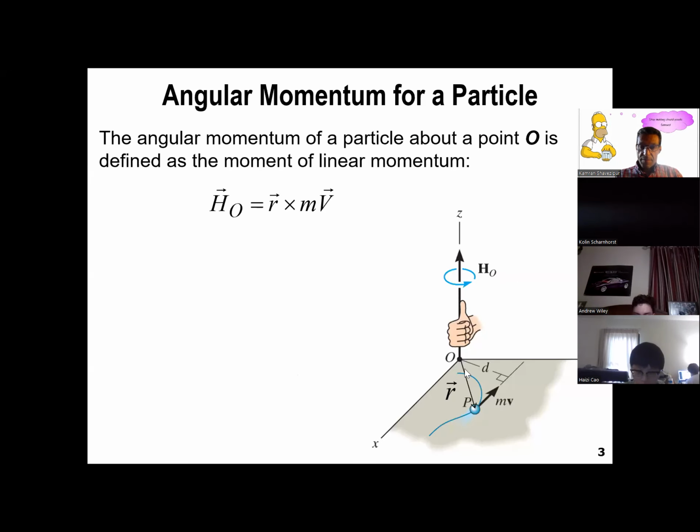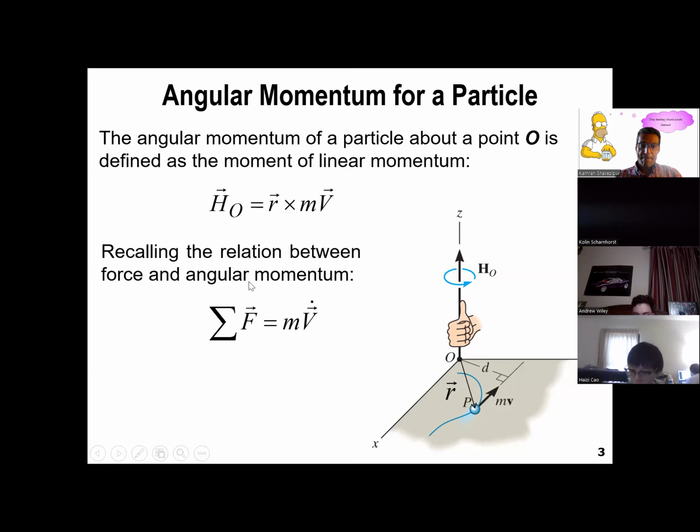And remember, because we always measure the moment about an axis, we put the subscript O here to show this is the moment about the z axis that goes through O, right? Now, this is just a definition of angular momentum of a particle.